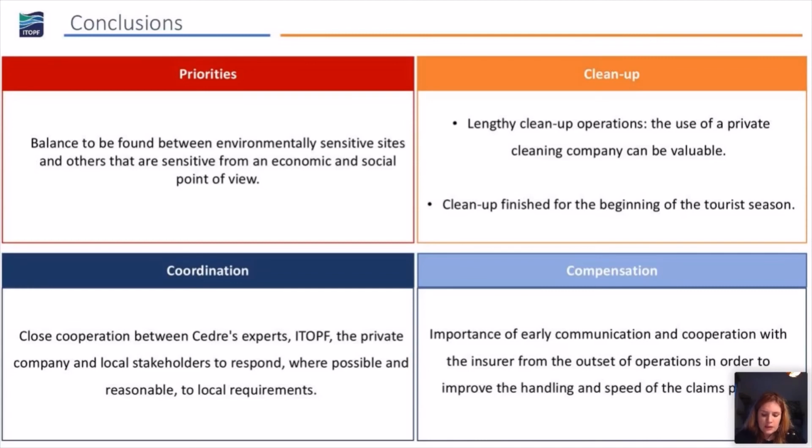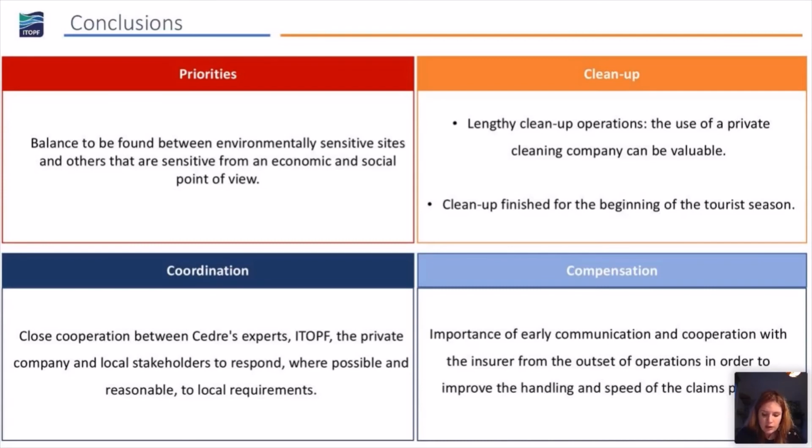In terms of priorities of site, and that goes with Ken's presentation, the importance of cleanup priorities, with quite a difficult balance to have between environmentally sensitive sites and other sensitive sites, but more from an economic and social point of view.